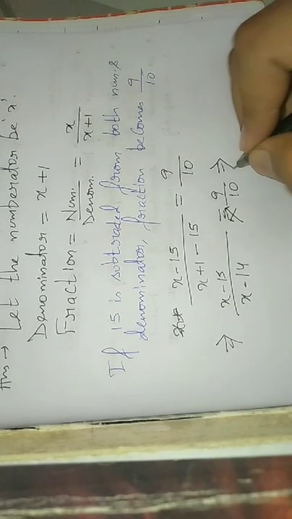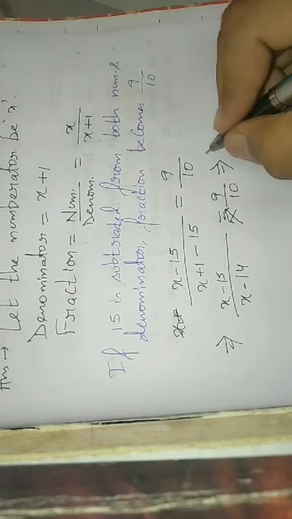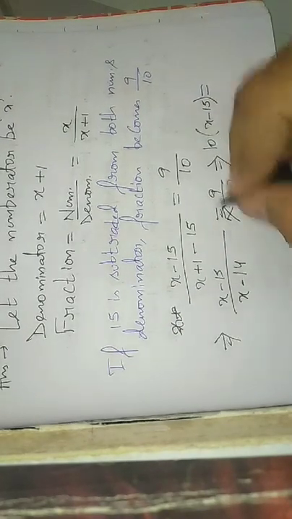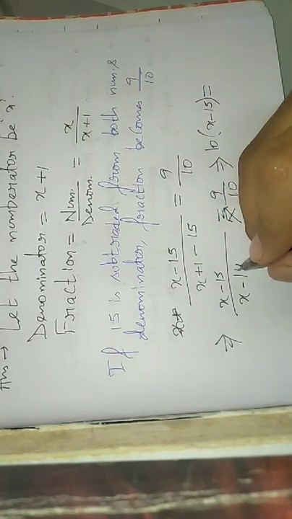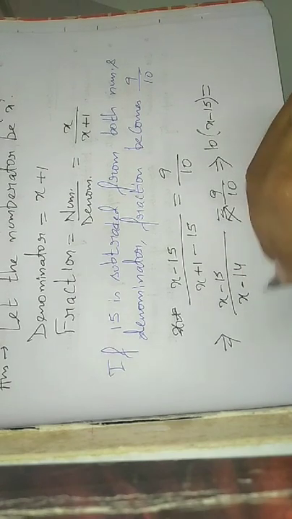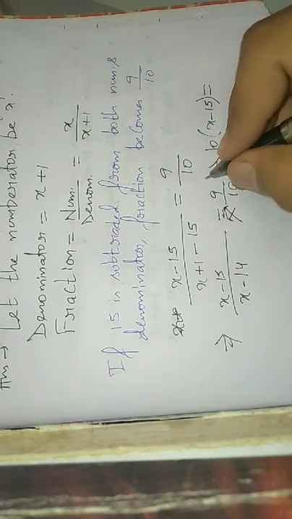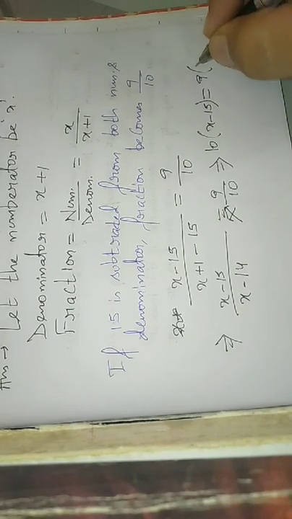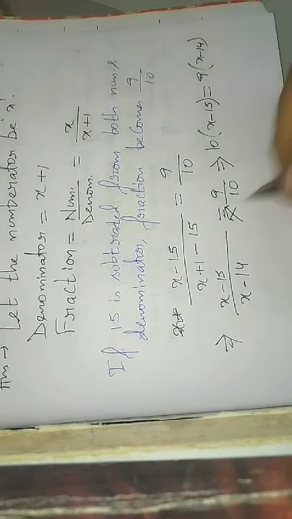Okay, so this 10 will go up. 10 into x minus 15 is equal to, this will go up on that side. It was in division, x minus 14 goes on that side, becomes multiplication. So 9 into x minus 14.